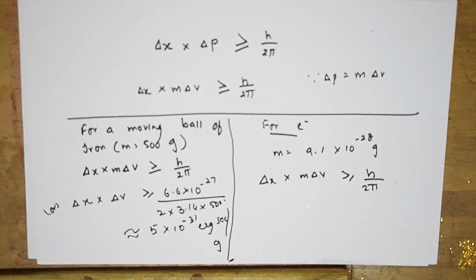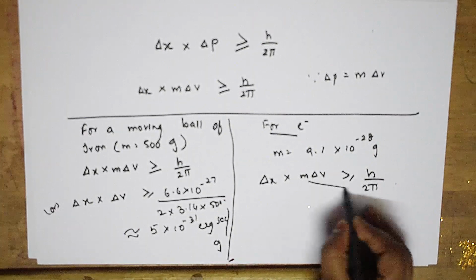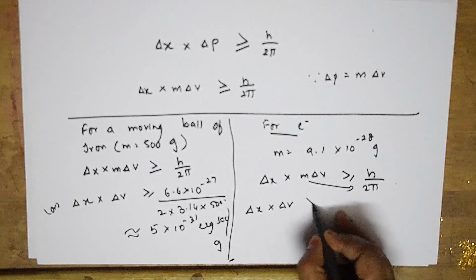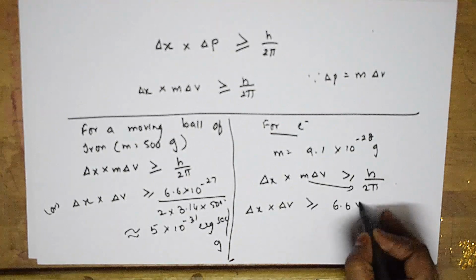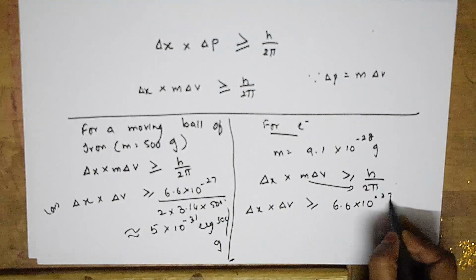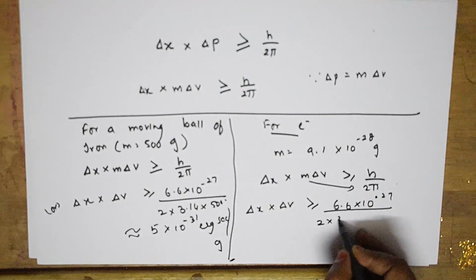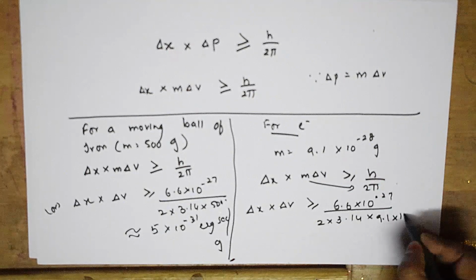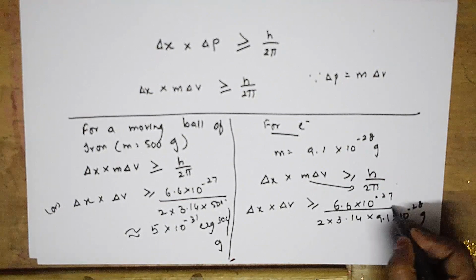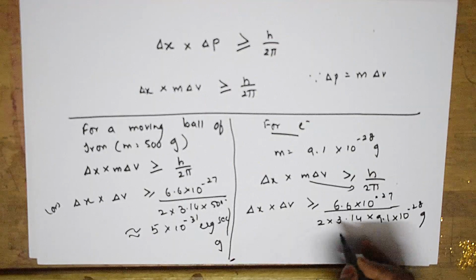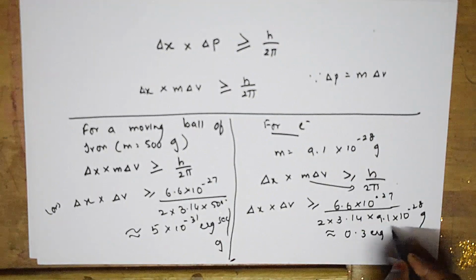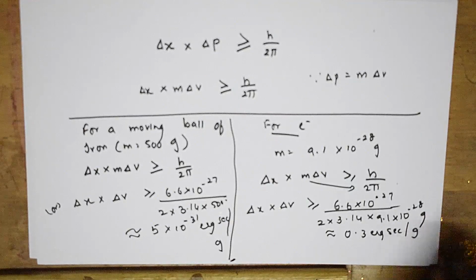Now, I'm sending this mass here: delta x into delta v is greater than or equal to 6.6 into 10 raised to minus 27 divided by 2 into 3.14 into 9.1 into 10 raised to minus 28 grams. This is approximately 0.3 ergs second divided by gram.